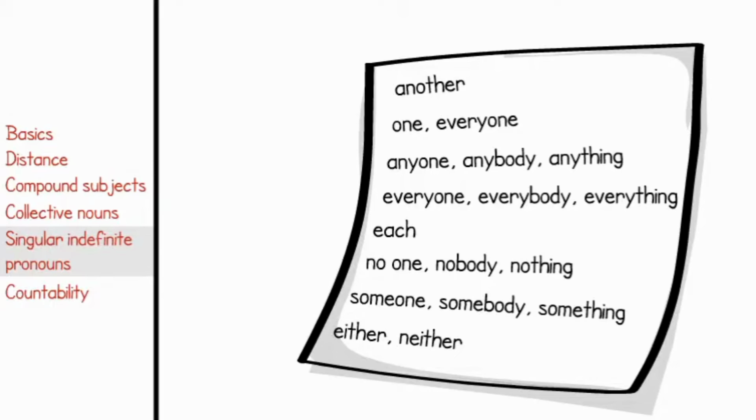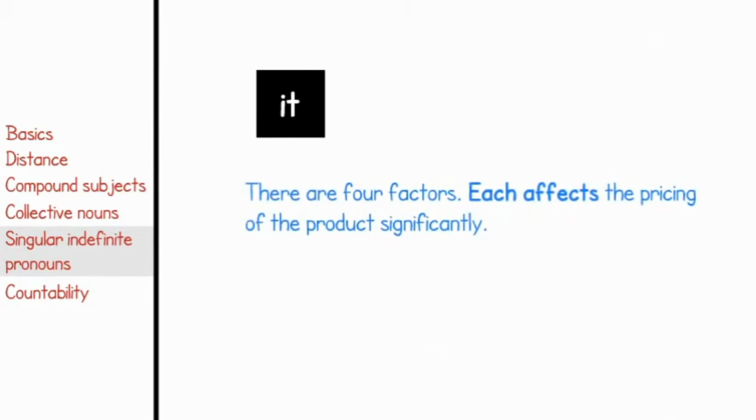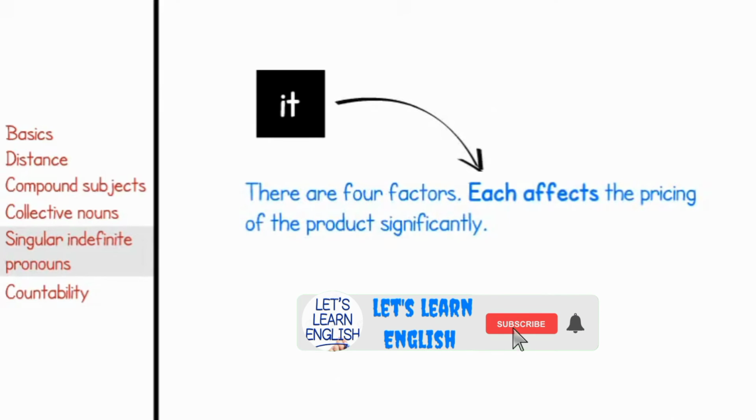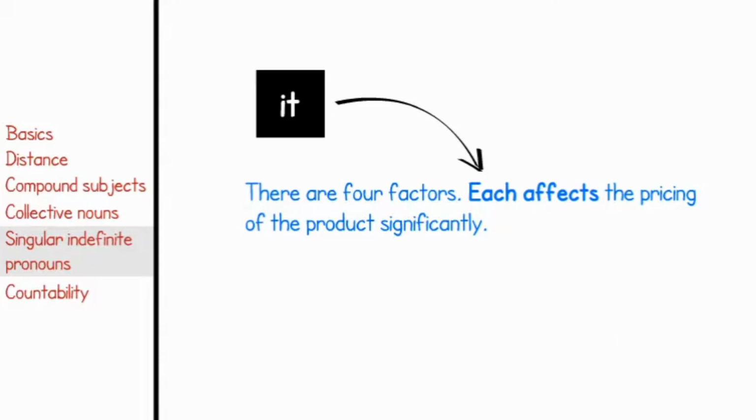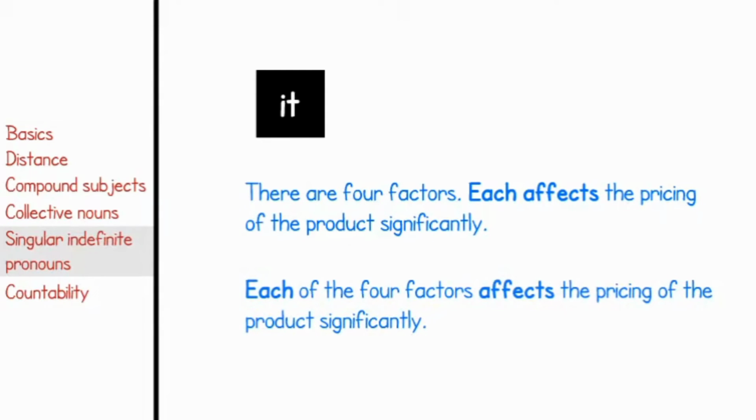In other words, it works like the pronoun it. There are 4 factors. Each affects the pricing of the product significantly. This is still true when there is a distance between the subject and the verb, as we saw earlier. Each of the 4 factors affects the pricing of the product significantly. Notice that the verb affects takes the third person singular form to agree with each rather than factors.